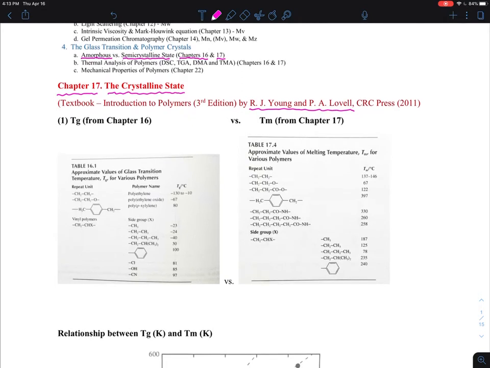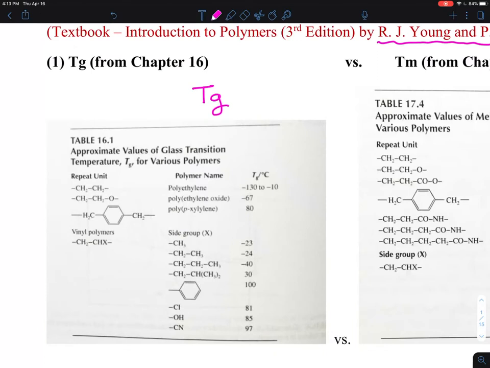And you heard about the glass transition temperatures, right, in chapter 16, and this is the Tg of the polymers. Even for the semicrystalline polymers, you have a Tg of minus 23 for polypropylene and a Tg of 100 for polystyrene, and so on.